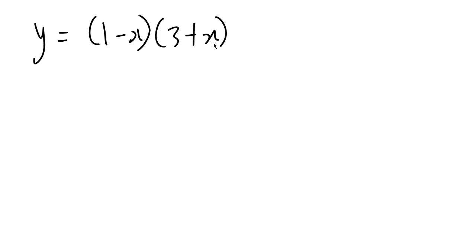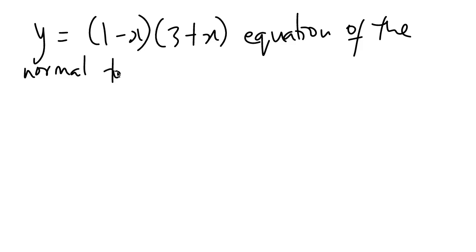Do you understand? So let's solve one more so that you would solidify and understand everything we're talking about. Let's say we are given this equation: y = (1 - x)(3 + x), and we are asked to determine the equation of the normal to the curve at x = 2. Please, after I write the question, pause the video and attempt.